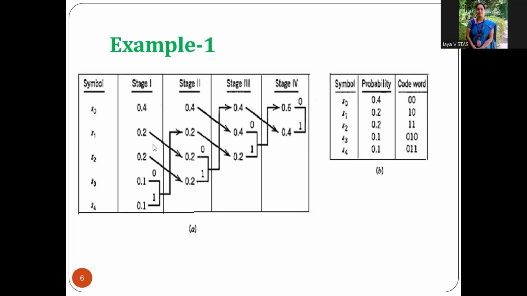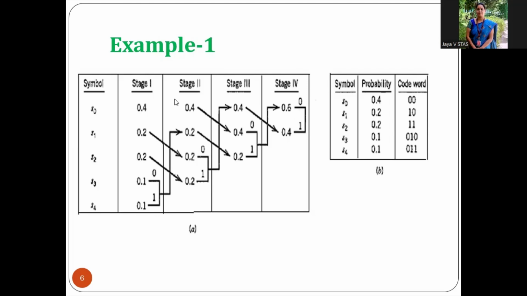Then the next step is to combine the last two probabilities, which have the lowest probability, and assign the uppermost one 0 and the lowermost one 1. Then we move this probability to the next stage. We add these two probabilities, 0.1 plus 0.1, which gives 0.2, and this 0.2 is moved to stage 2.